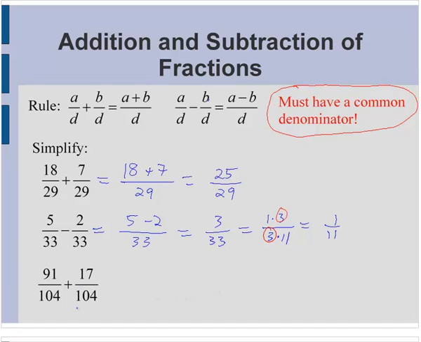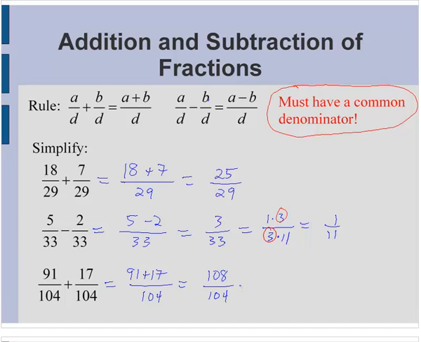Why don't you try this third one on your own? All right, so this would give us 91 plus 17 over 104, which is 108 over 104.